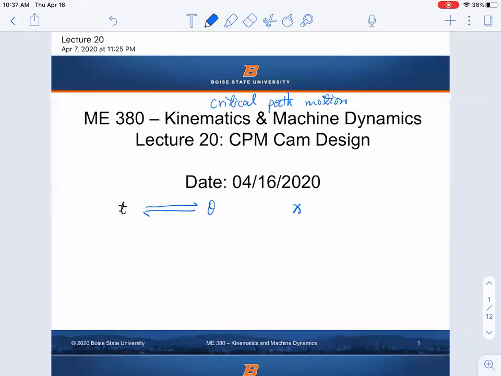So this is just a concept. Between theta and t, we usually know the angular speed of your input cam is theta dot, and the time is t, and then velocity multiplied by time is going to give you the actual position.